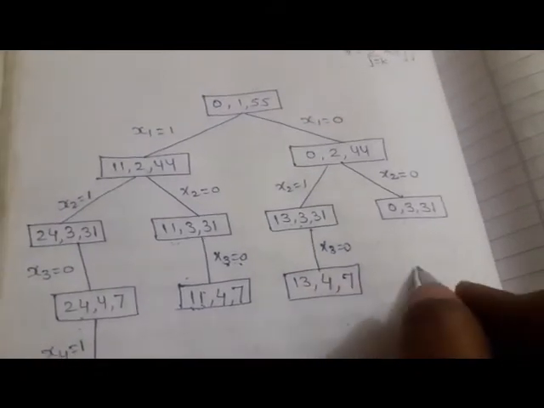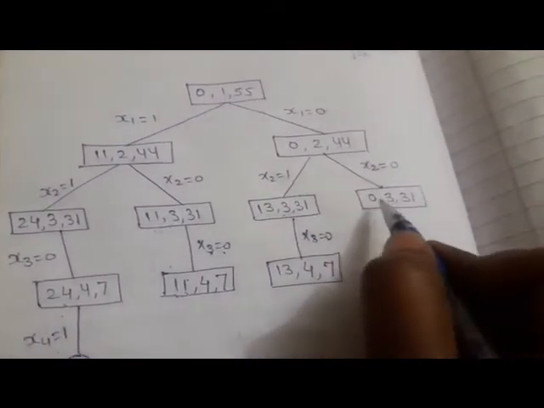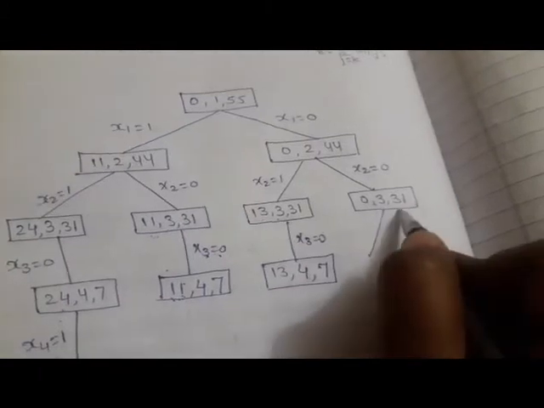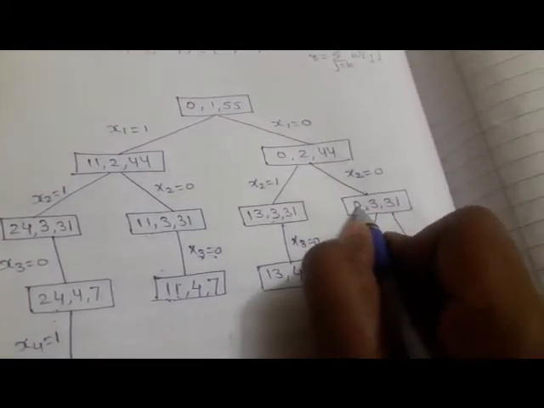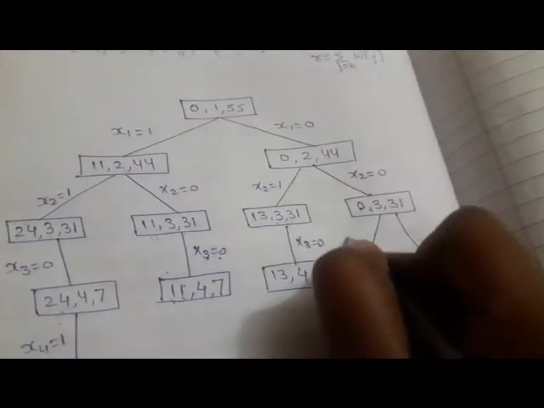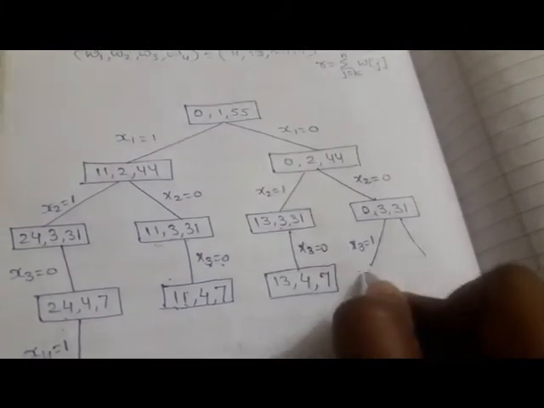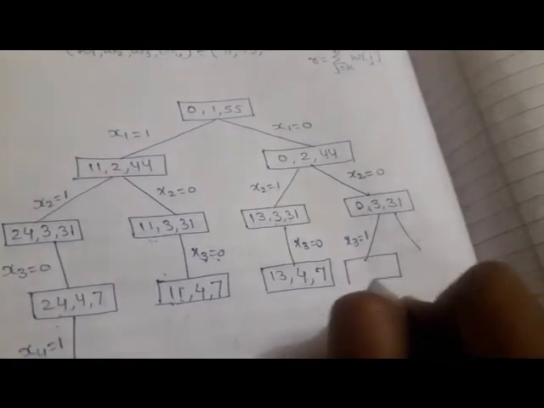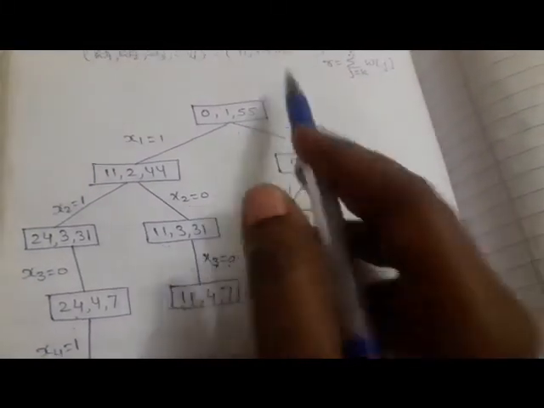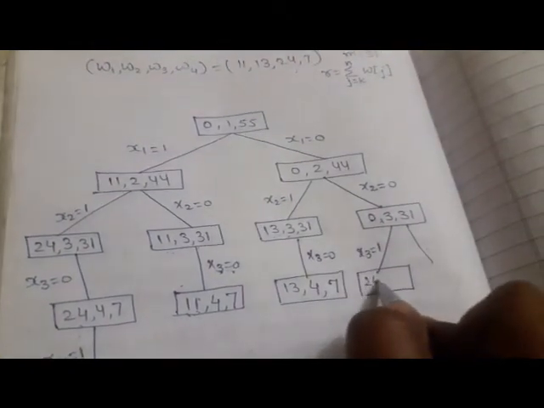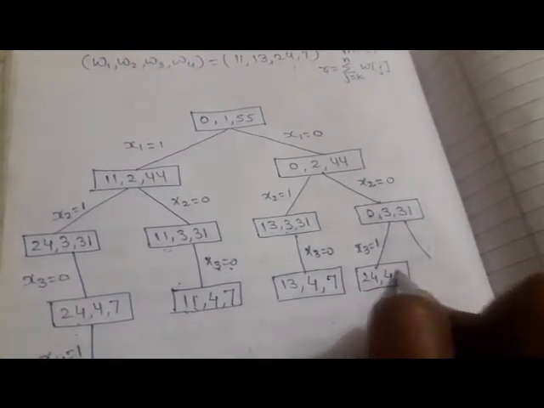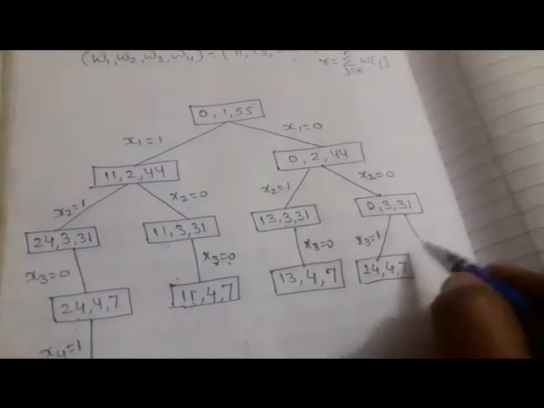Now same here, we will see the value is 0. Now if we add x3, that is x3 is equal to 1, it means we have to add the weight 3. So weight 3 is 24. So 24 plus 0 is 24. The value of k is 4 and the value of r is 7.